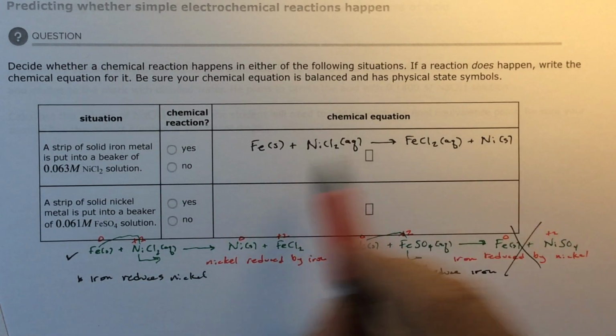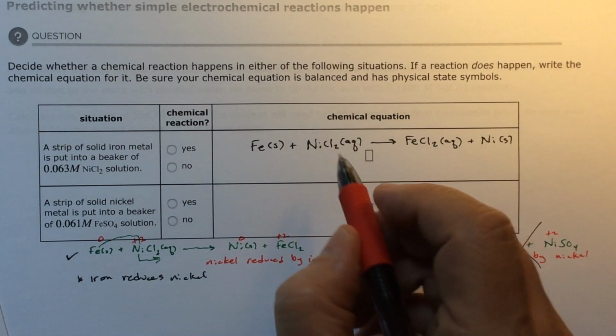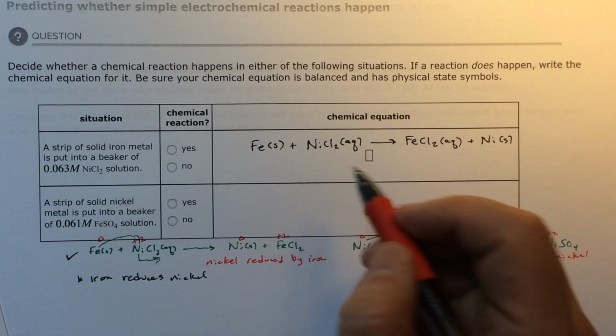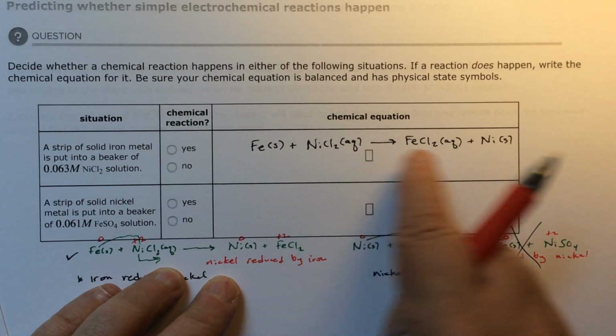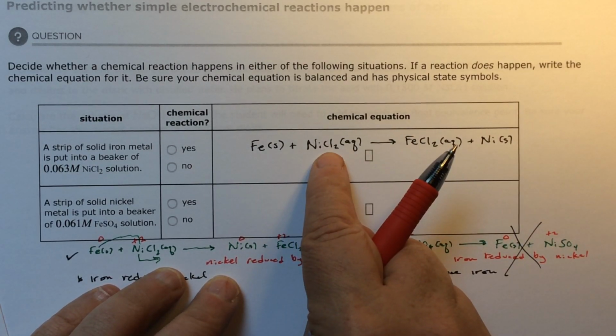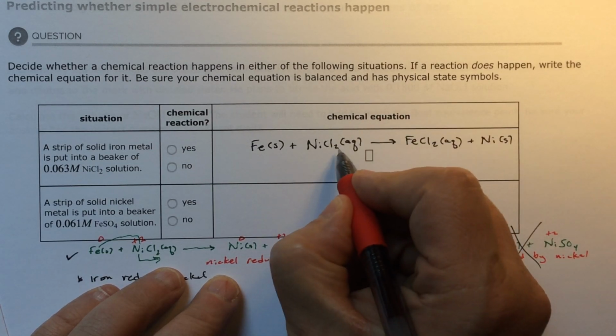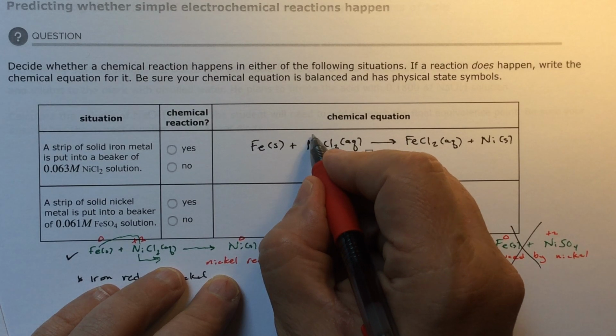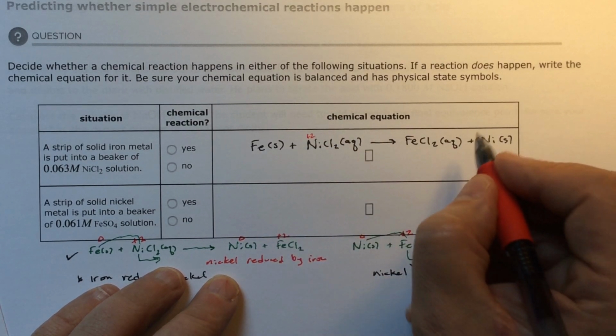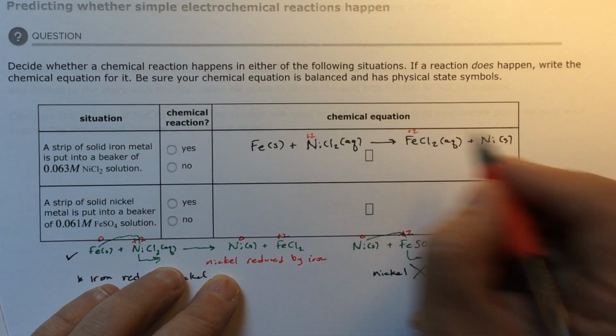My thinking is if this doesn't work, then you need to just show the metals. Okay, because the non-metals are simply going to be, these chlorides are just going to be spectator ions on both sides. So if this is Cl2, this is going to be positive 2. And if this is Cl2, this is positive 2.